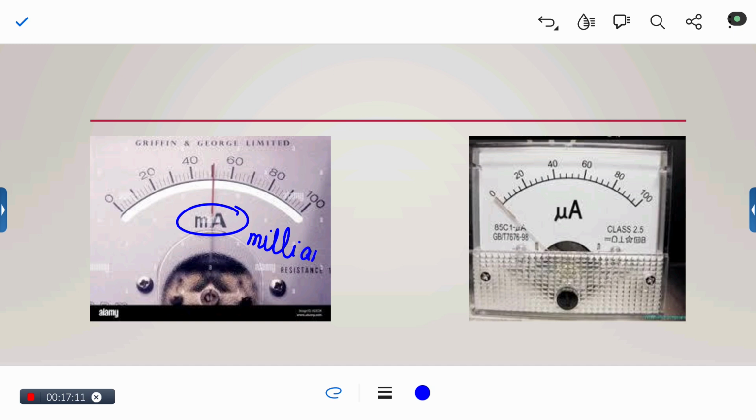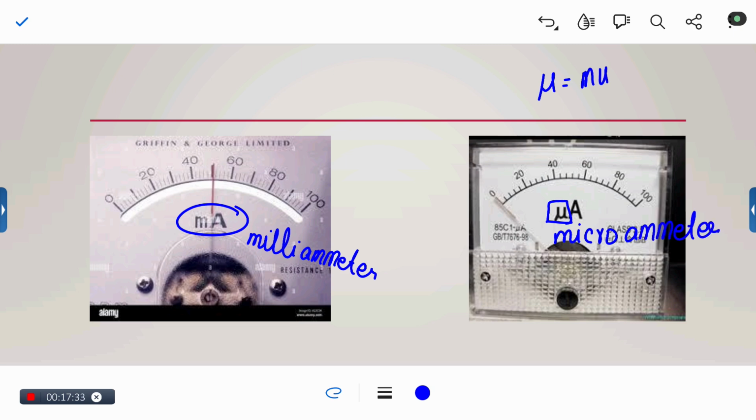The given device is milliammeter. And if you are seeing over here, we are using a Greek symbol. This Greek symbol we need to pronounce as mu, and here it stands for microammeter.